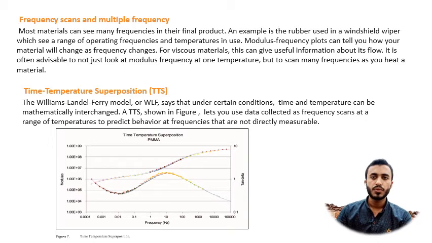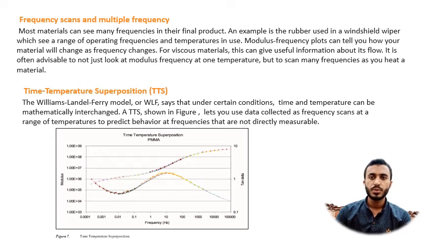It's often possible not just to look at modulus versus frequency at one temperature, but to scan many frequencies as you heat the material. This allows you to see how transitions shift under the influence of frequency. For example, in some polymers, a shift from 1 to 100 Hz will move Tg by 14 degrees, which could cause a material to fail if high frequency is not considered in its design.